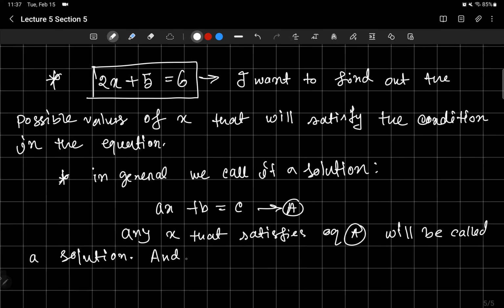And in case c equals 0, c can be 0, c is just a number here, if c is 0, in that case we call the solution a root.